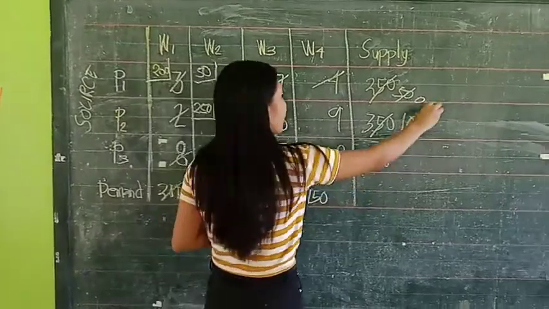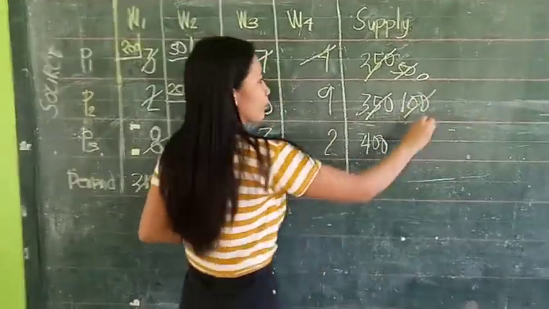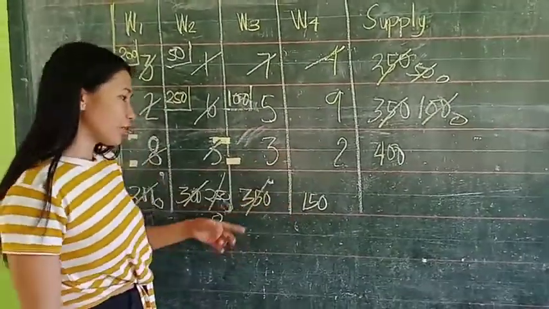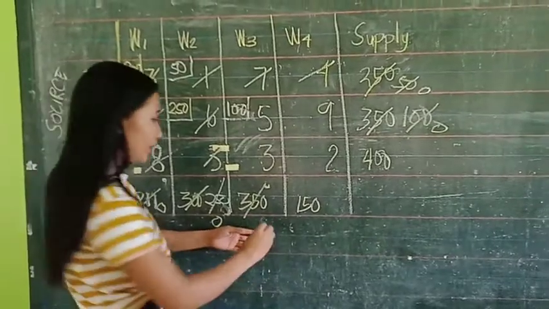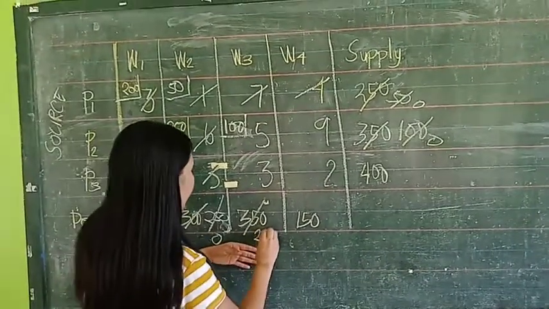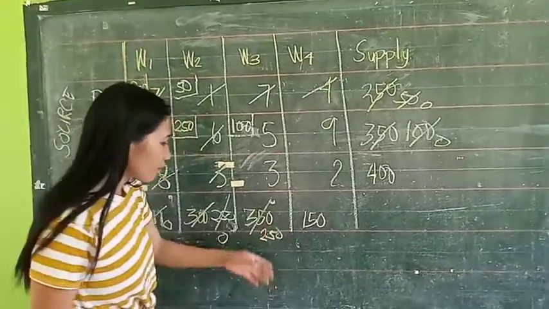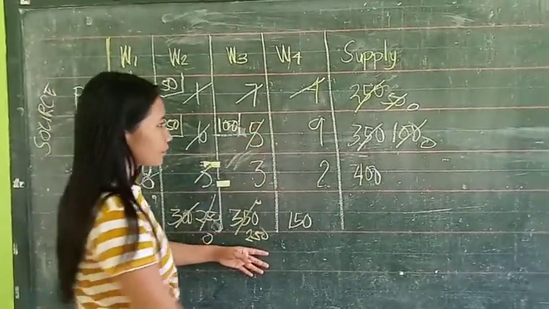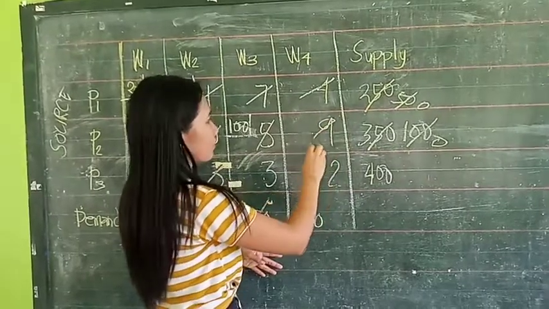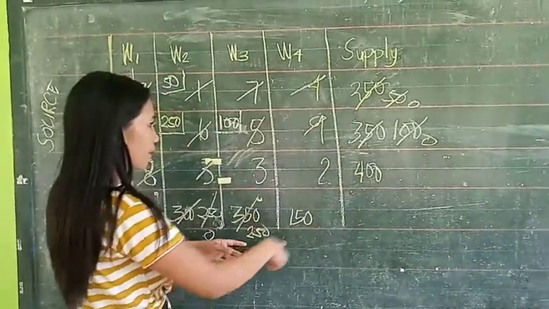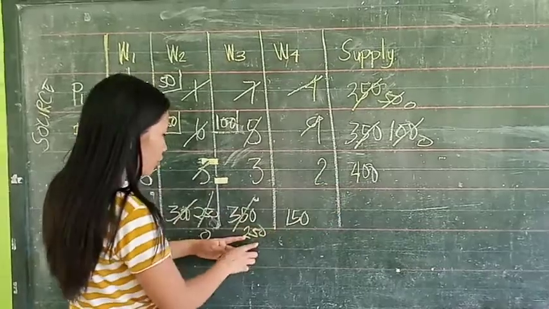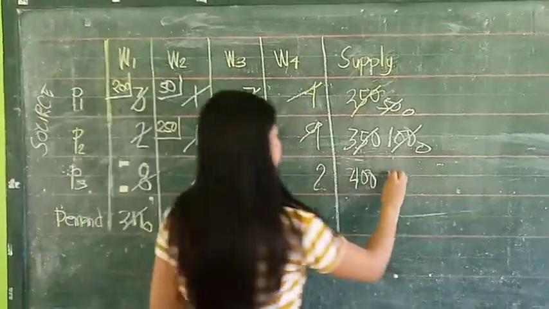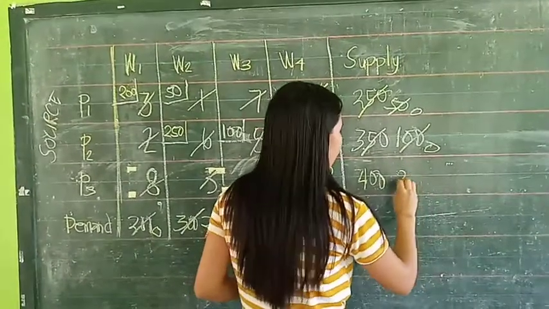The 100 will be cancelled and become 0, and 350 minus 100 is 250. Cancel. And 400 minus 250 is 150.